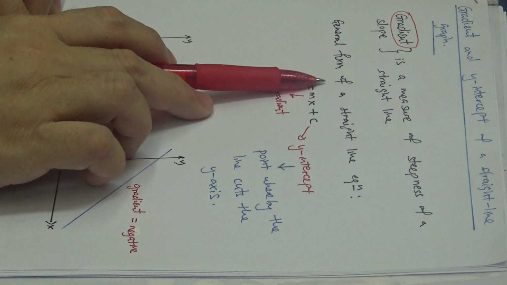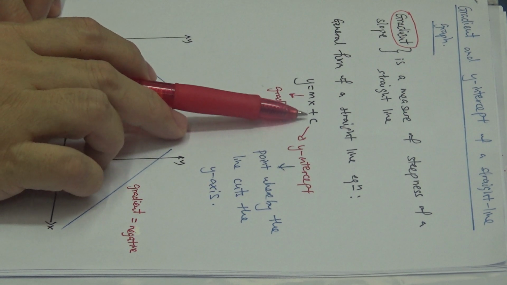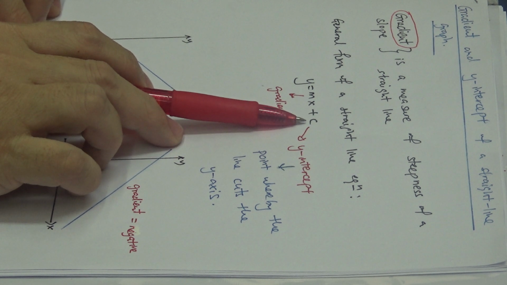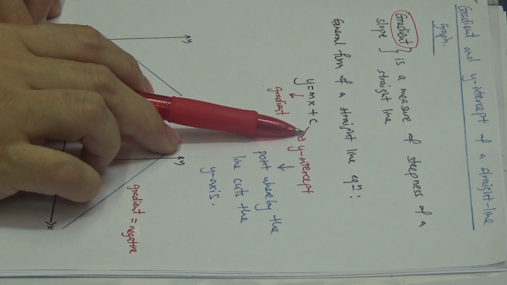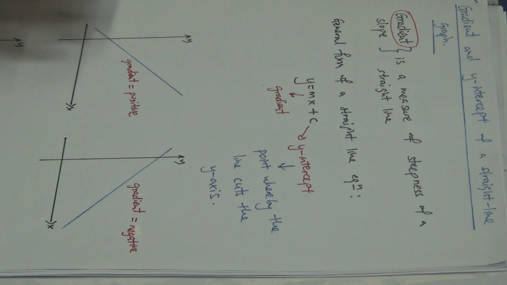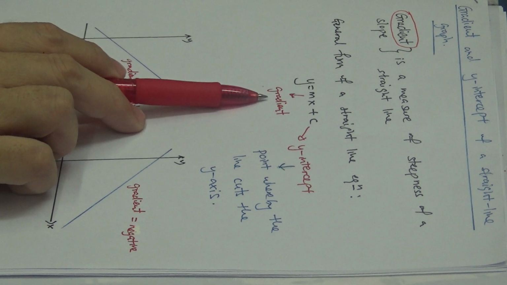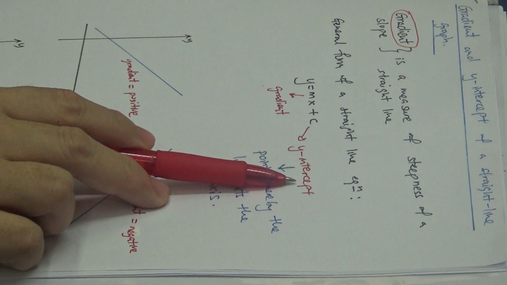Now, the general form of a straight line equation is y equals mx plus c. Just remember this first. I will go through this in detail later. Y equals mx plus c, where m is the gradient and c is the y-intercept. Now, what do I mean by the y-intercept?